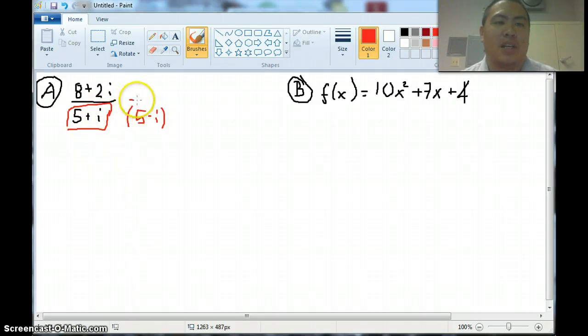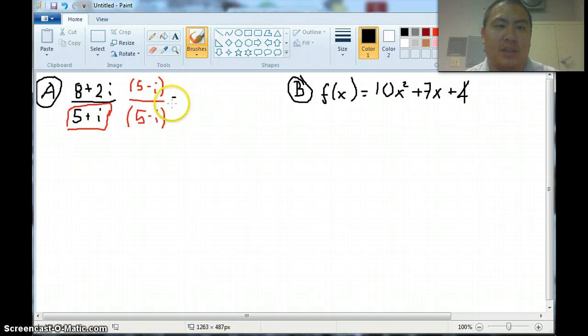I can't just multiply by 5 minus i on the bottom and not do anything on the top. So what I'm really doing is multiplying by the same thing on top and bottom, in other words, multiplying by 1. I can multiply anything by 1 and it doesn't change anything. If I multiply this quadratic by 1, it wouldn't change anything either. The only thing that might change is that because I'm writing 1 this way, I can fashion this to look different.